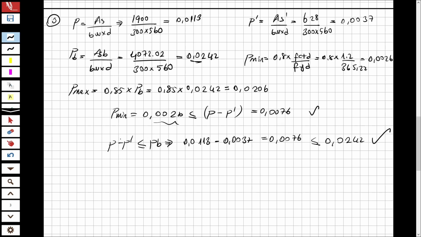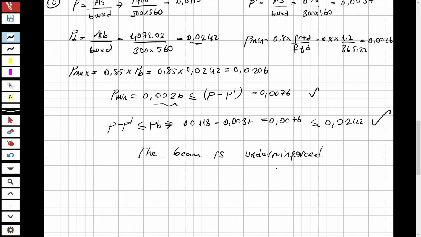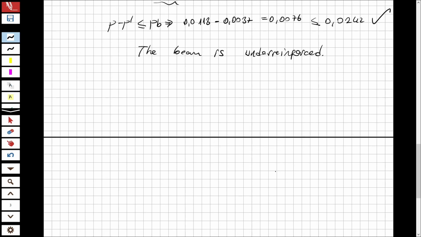And now it's also okay. So the beam is under-reinforced. Now we made our check, so now it's okay.